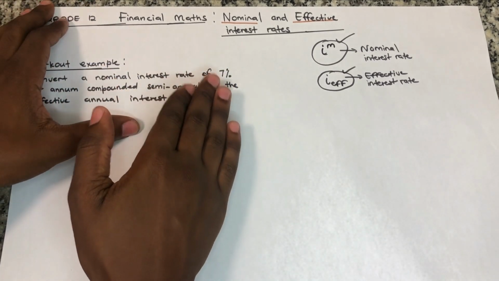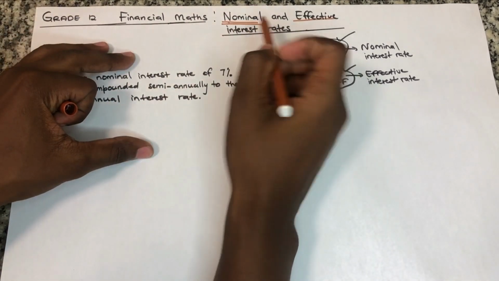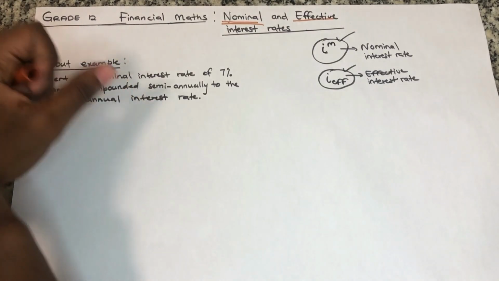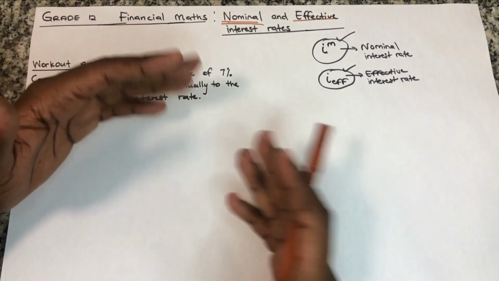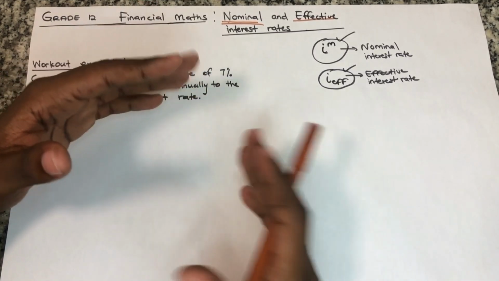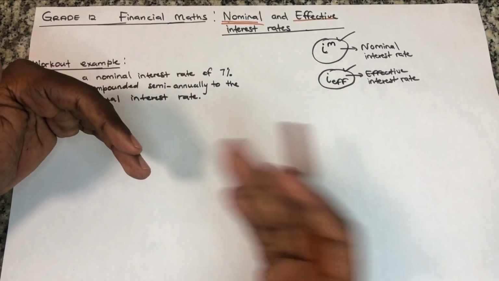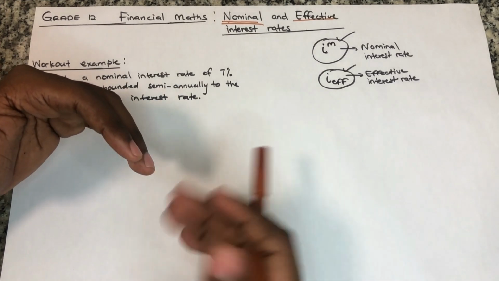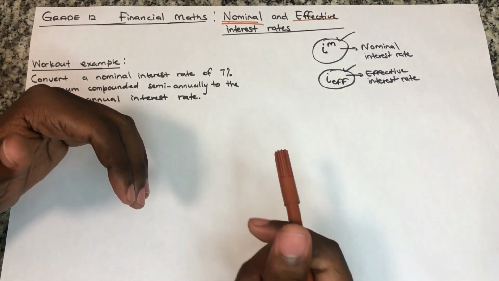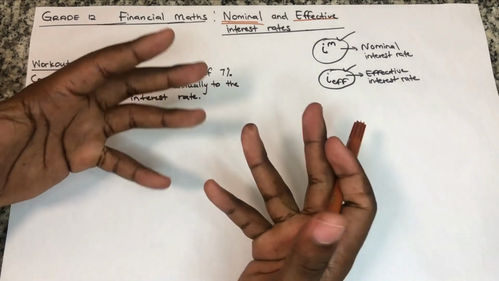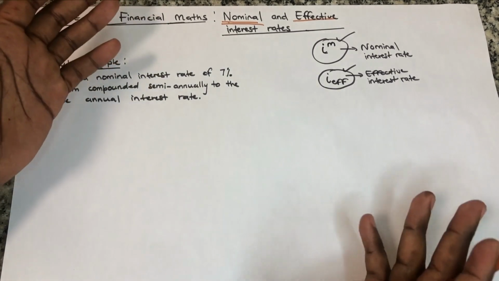So when you talk about nominal interest rate, this is usually the interest rate that is given in statements or during your financial maths. It is the one that is stated, given in scenarios or in statements, as well as in advertisements of loans and of investments.